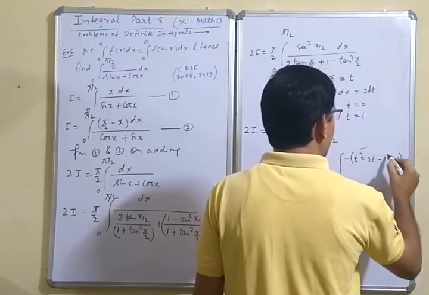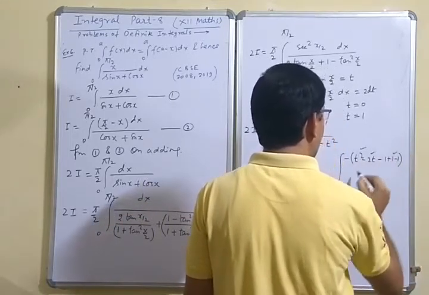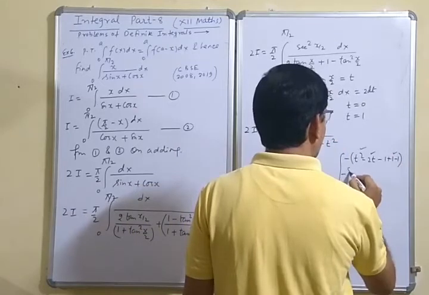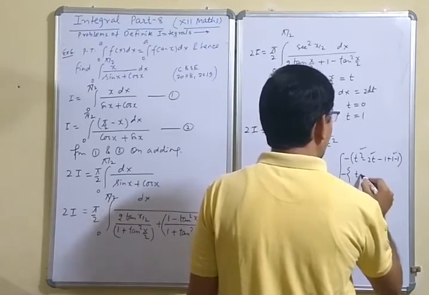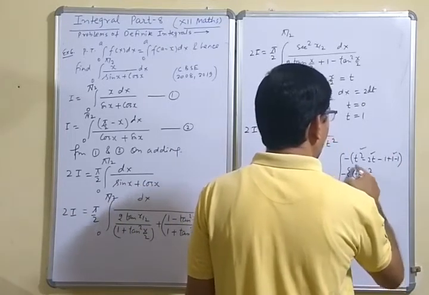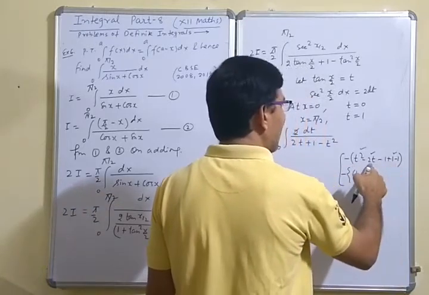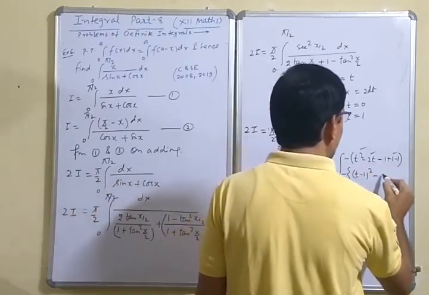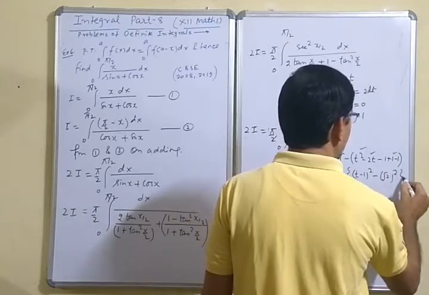So a square plus b square minus 2ab. So minus, in bracket, it is t minus 1 whole square, minus 1 minus 2, that is minus root 2 whole square.